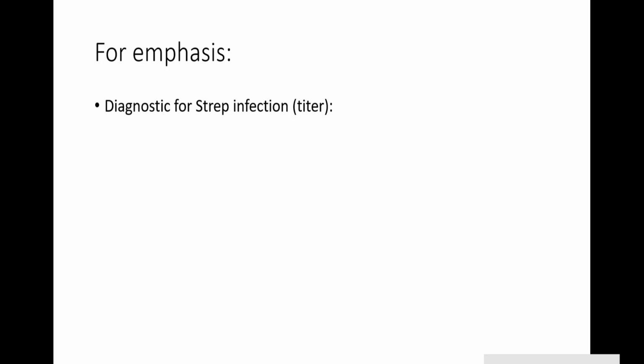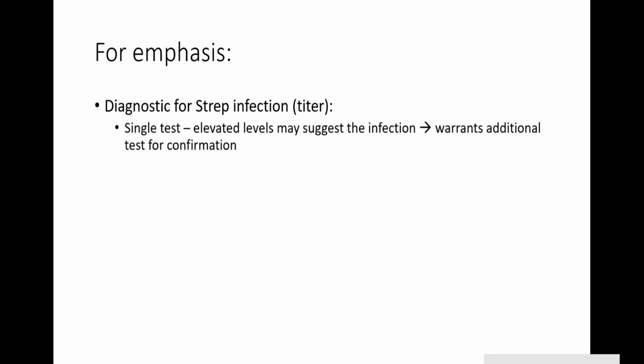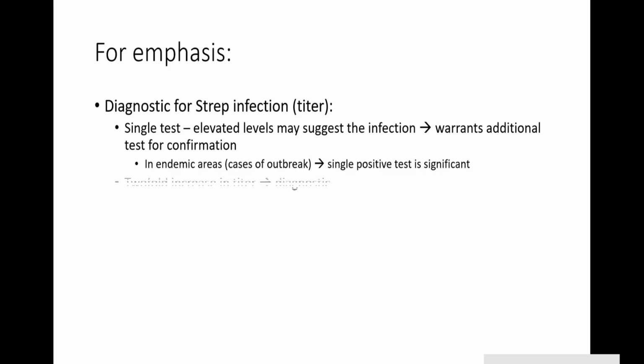As for infection, when a single test is done, elevated levels may suggest the infection, but a single test warrants additional tests for confirmation. A single test may only be done in endemic areas where there is an outbreak of streptococcal infection. When that is the case, a single positive test is already significant for streptococcal infection. But in cases where there is no outbreak, there must be two tests.